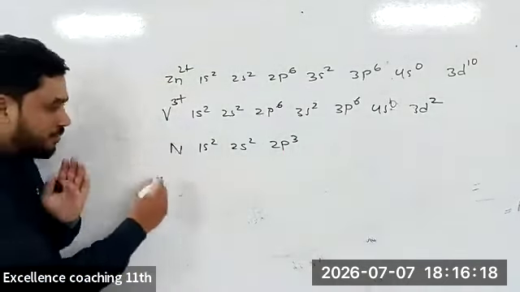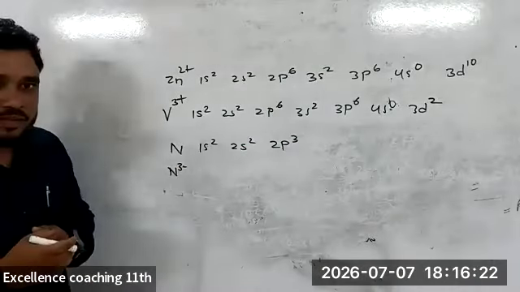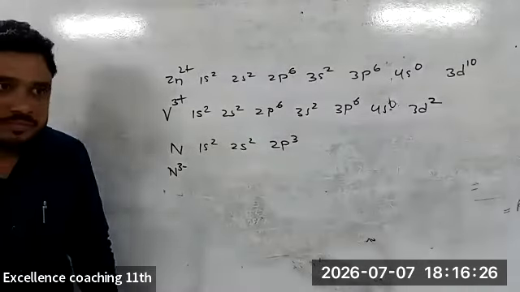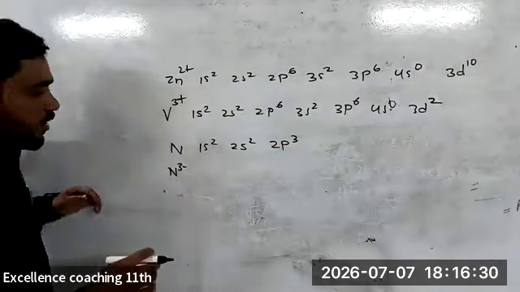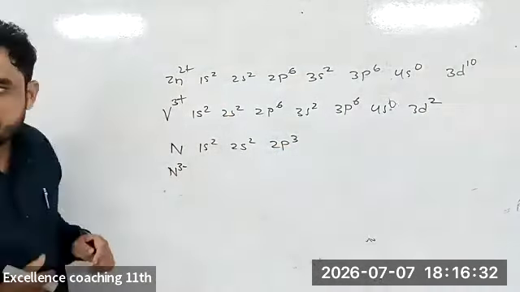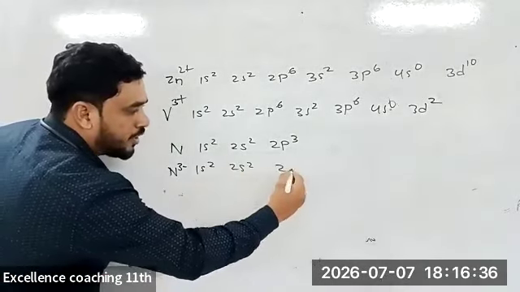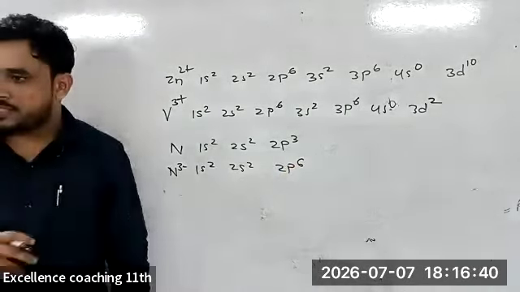Be careful, I have given minus, don't go with the flow. 3 minus means we have to add 3 electrons, so it will be 1s2 2s2 and 2p6.